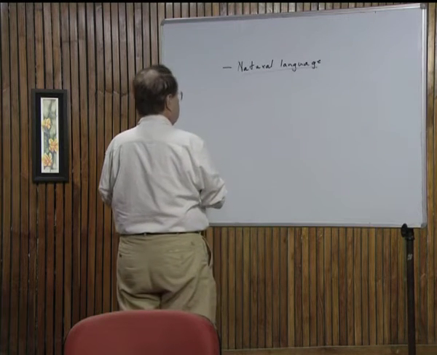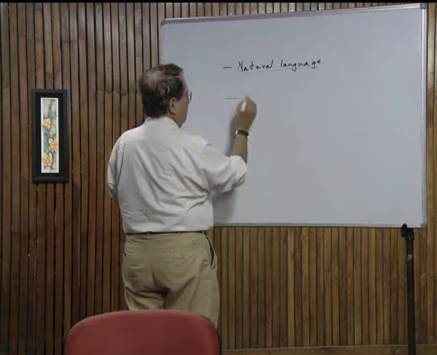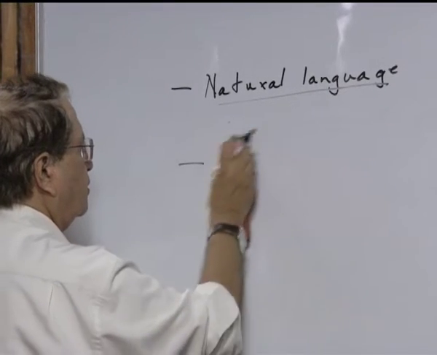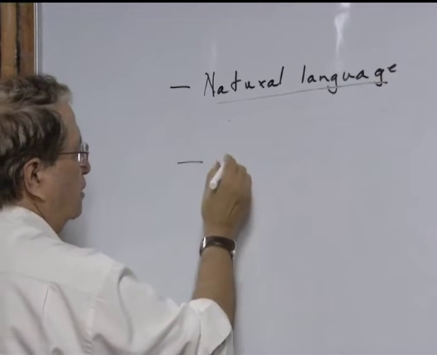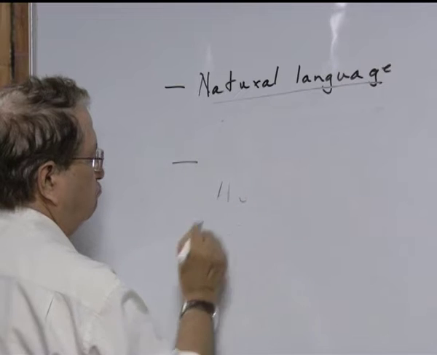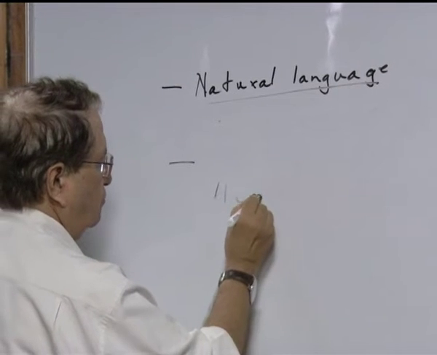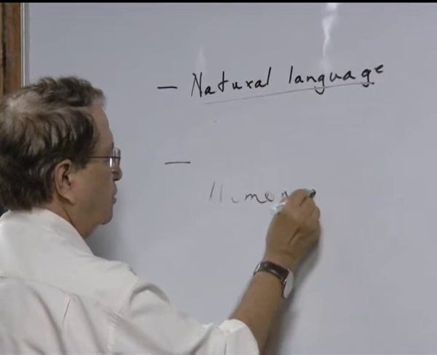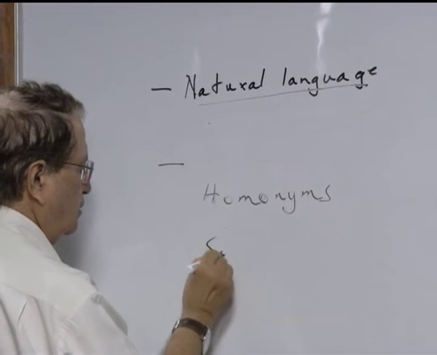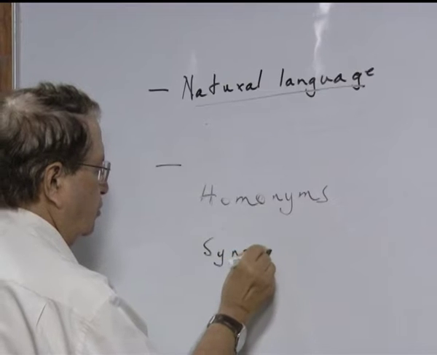So, one is natural language is not precise. Another reason is that natural language has a number of homonyms and synonyms.